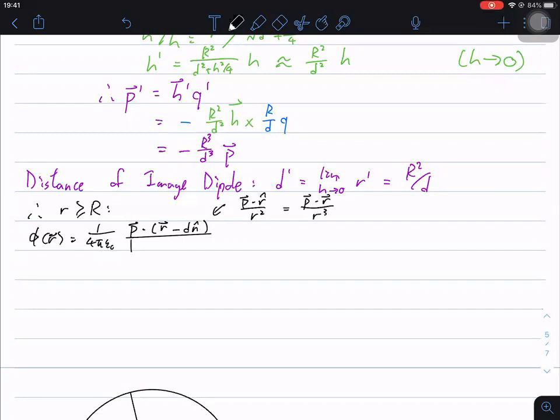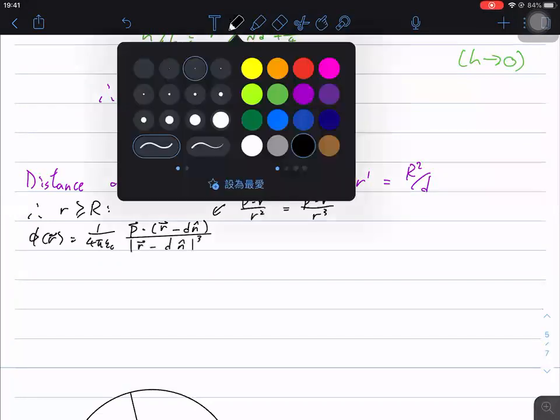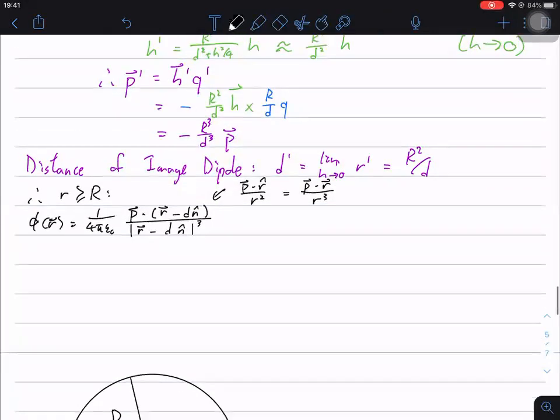For the denominator, we have the cube of the magnitude of R minus D n hat. So that's the contribution of the original dipole.